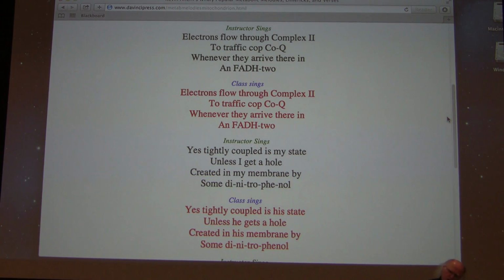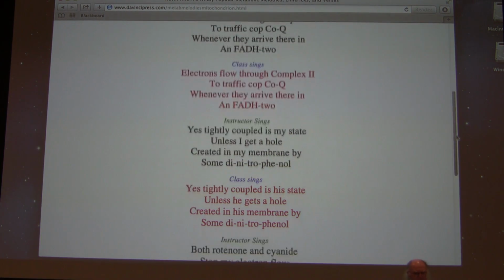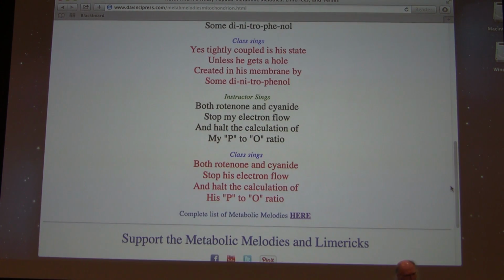Yes, tightly coupled is my state unless I get a hole created in my membrane by some dinitrophenol.